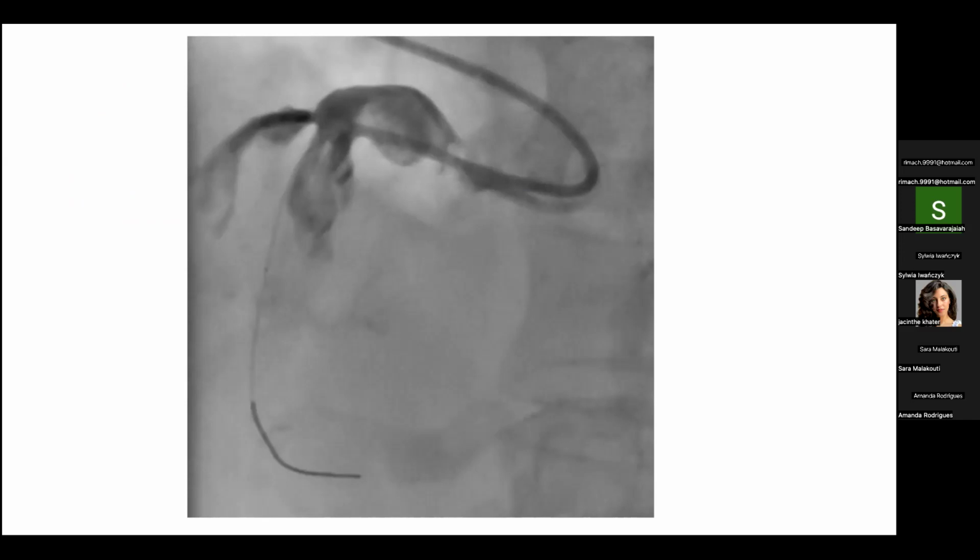Okay, so there is an artery. It's a still picture. I think there's an RCA, and there is a wire in the RCA, and I don't know, is it a guide extension or something which has gone into a branch, or maybe the whole thing is an RCA. I don't know. Do you have any other idea?